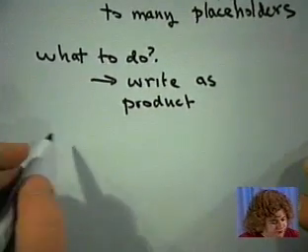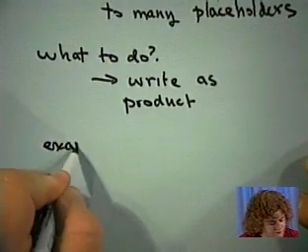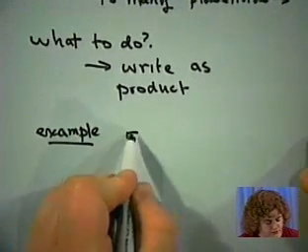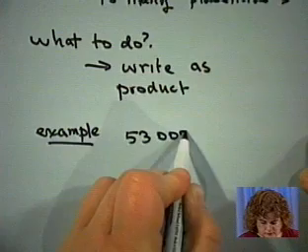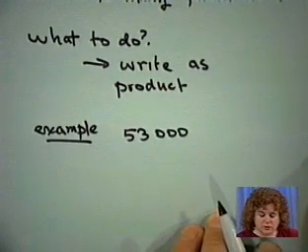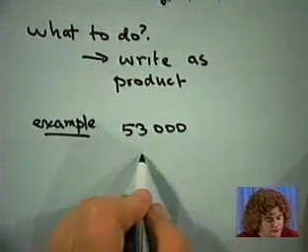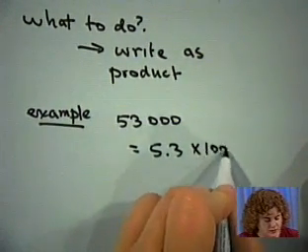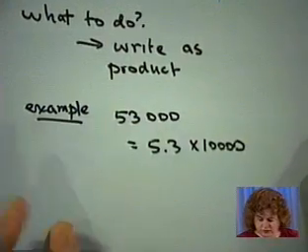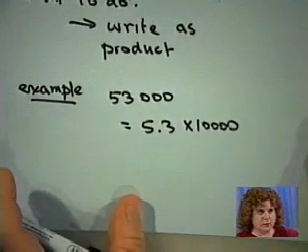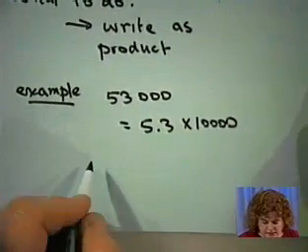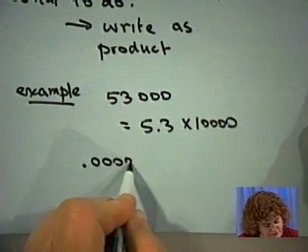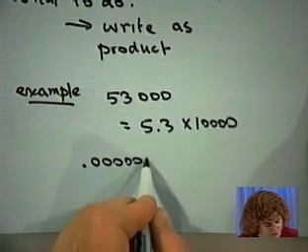So, for example, you have a number like 53,000. We could write that as 5.3 times 10,000, and you can multiply that out to check it. We could take a number like, not quite as bad as the one I started with, got 5 zeros and a 2.